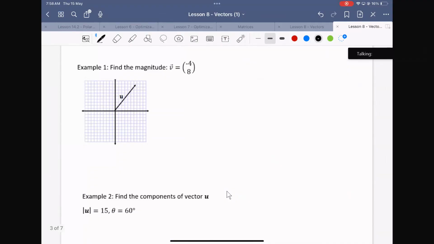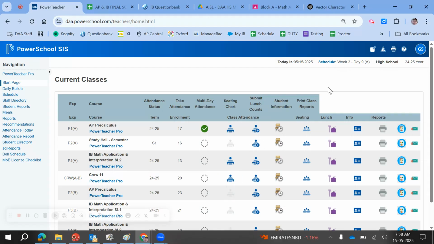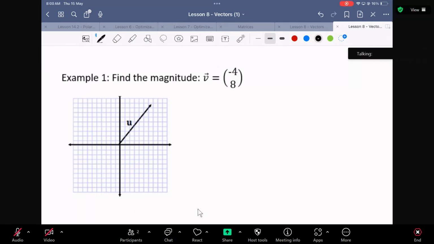Okay, have a go at finding the magnitude of this vector. Okay, so let's have a look.